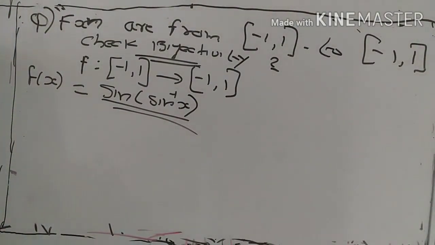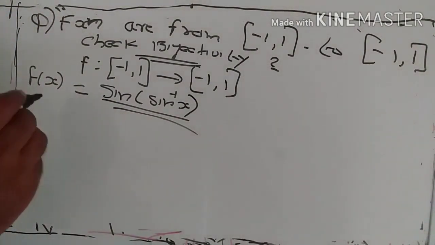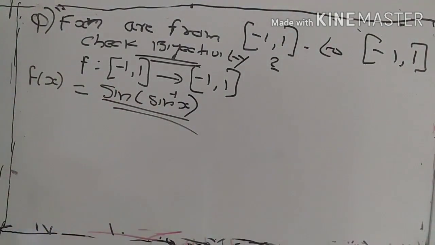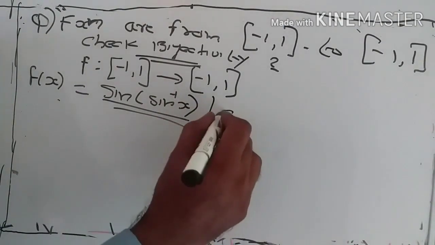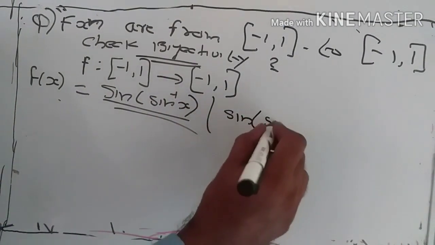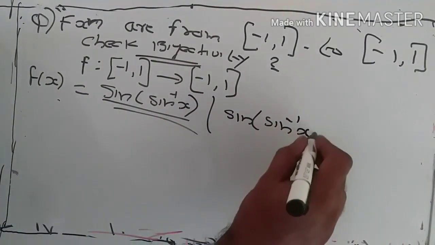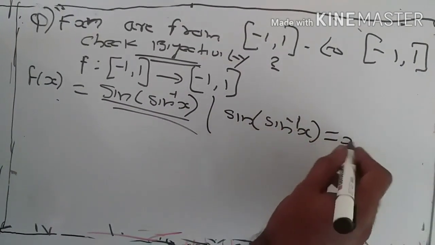We want to check the bijectivity. Now sine of sine inverse x is equal to x.